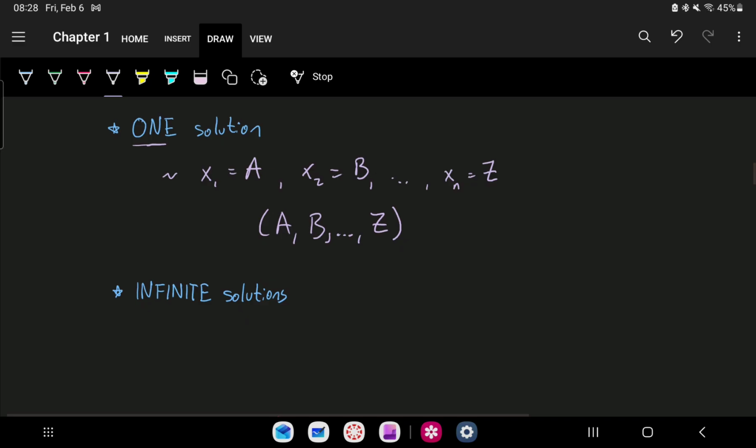The interesting thing about infinite solutions is that if you realize that there are two values of x1 that will solve the system consistently, if there is any more than one solution, then inherently there are infinite solutions.